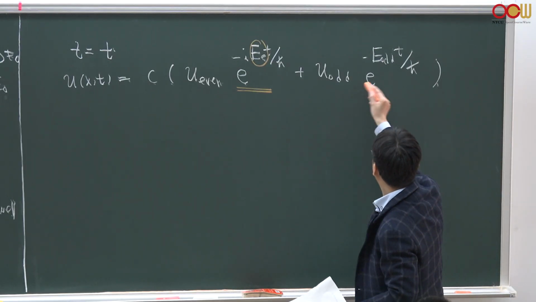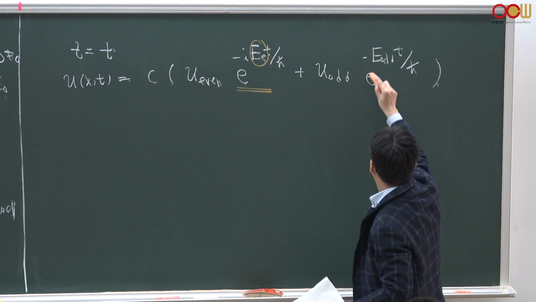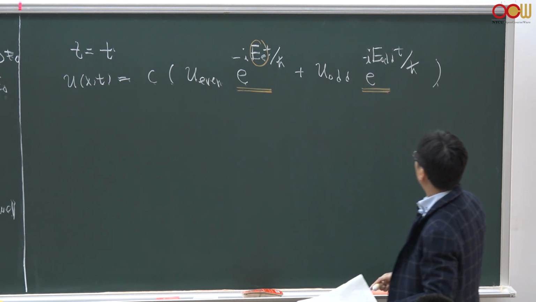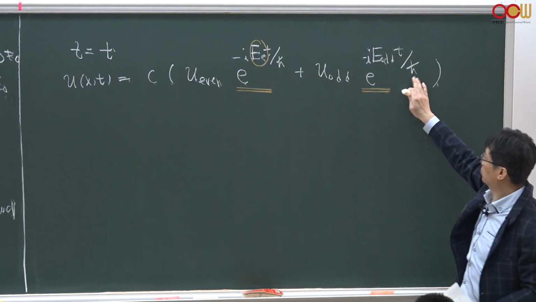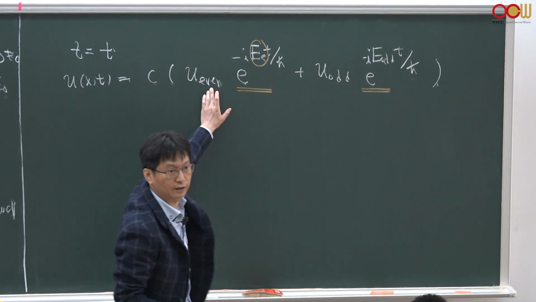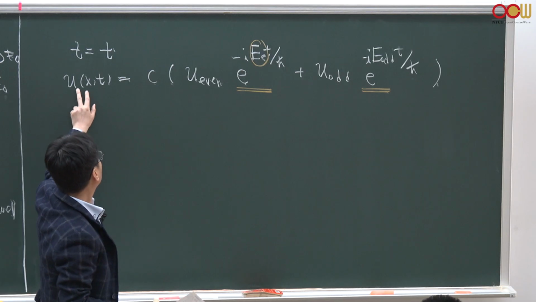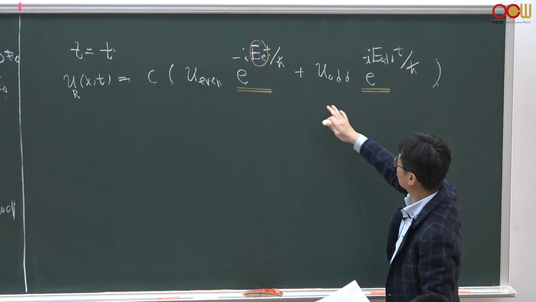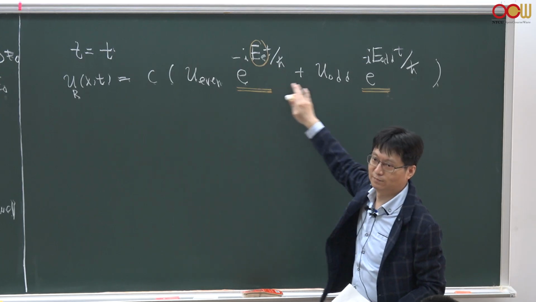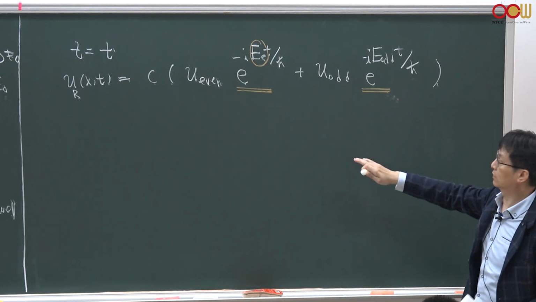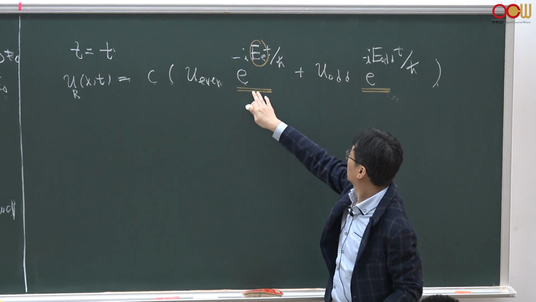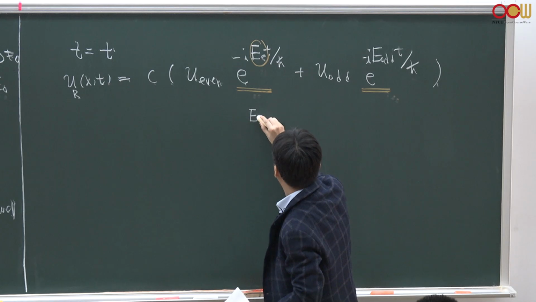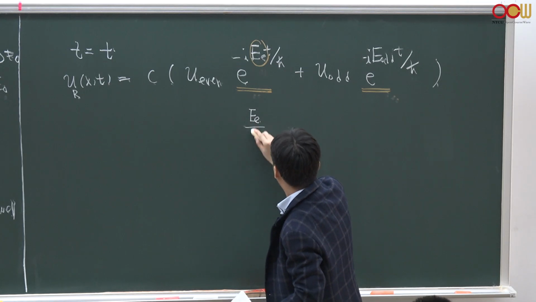And likewise, U odd is time evolved with the exponential factor e to the minus i capital E odd t over h bar. So you know that even though the state is initially in a right well state, the oscillations are not the same in time, because the first term goes like a frequency of capital E over h bar.